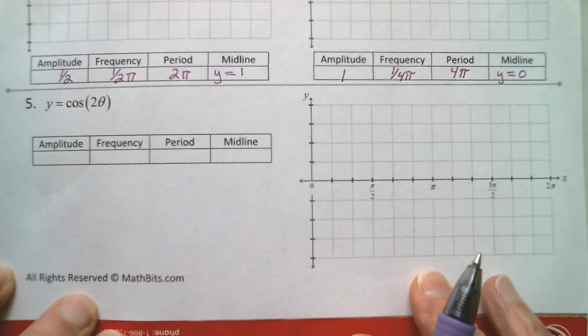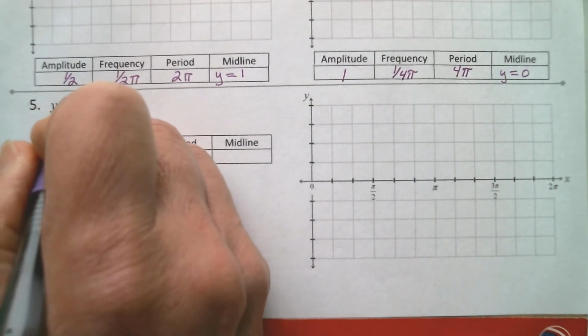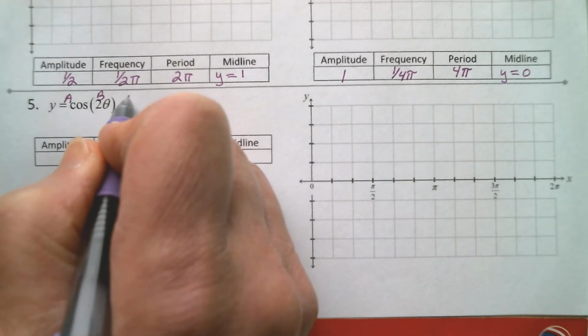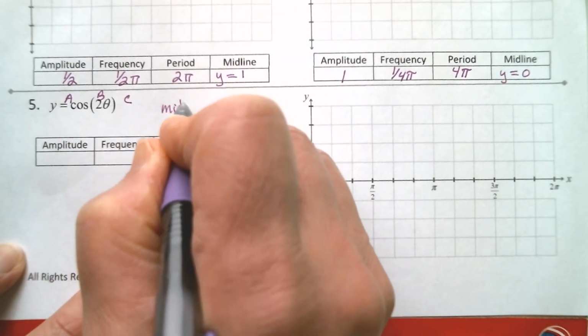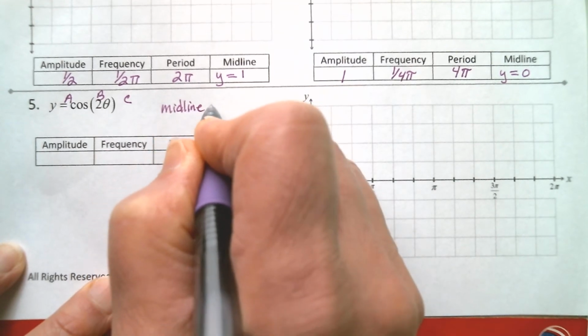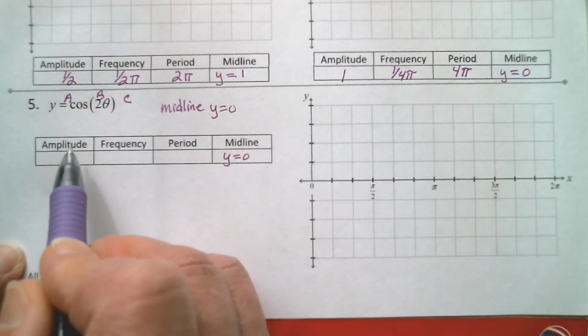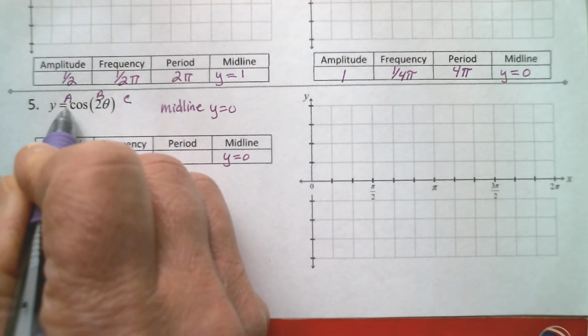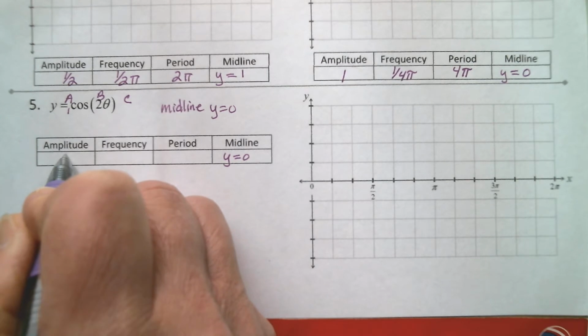Number 5, y equals cosine 2 theta. So A, B, and C. Again, our midline is the x-axis, is y equals 0. A is 1, so the amplitude is the absolute value of 1, which is 1.